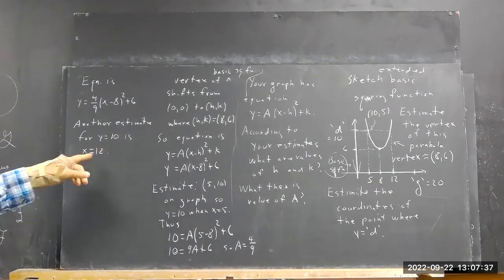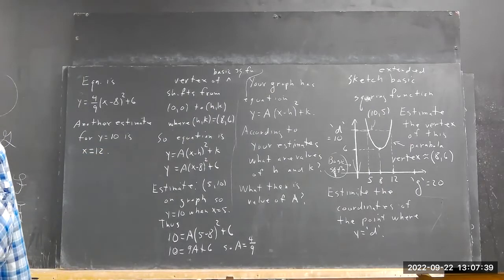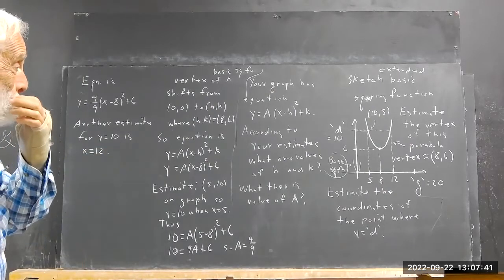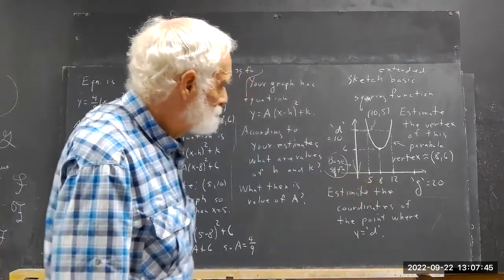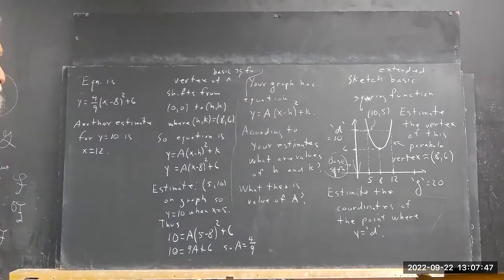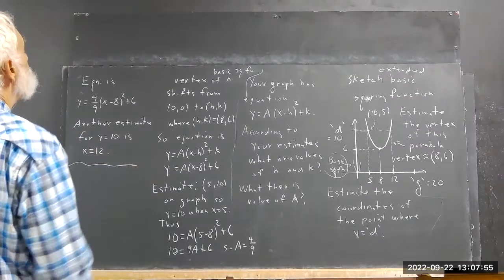Another estimate for Y equals 10 might be X equals 12. It could have been 13, but my honest estimate here came out 12. Okay. If it was 13, everything would be perfect. I'll tell you why in a minute.